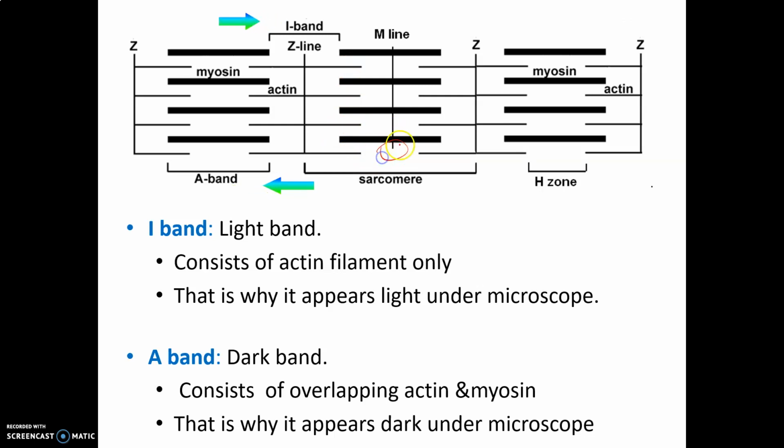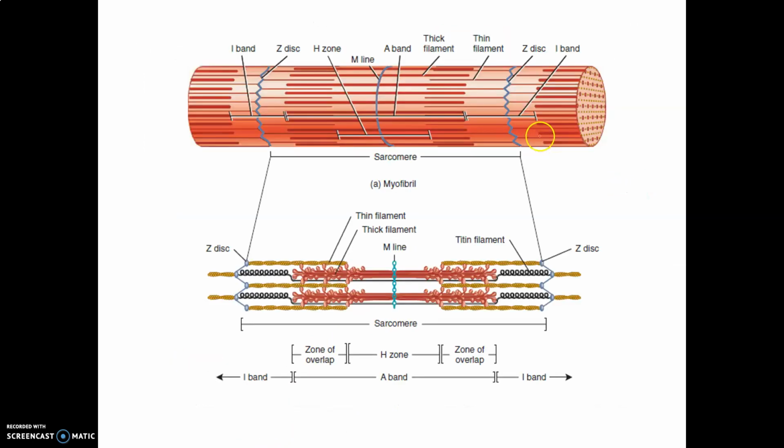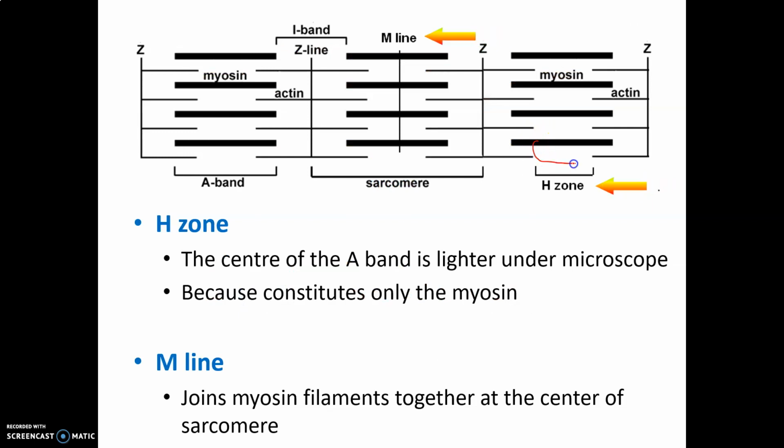Dan di tengah-tengah A band akan ada M line, iaitu the one yang akan join the myosin filaments together at the center of sarcomere. And after that we also have this H zone. Okay, H zone tu adalah region di mana hanya akan ada myosin only. Okay, yang itu kita panggil the center of A band.